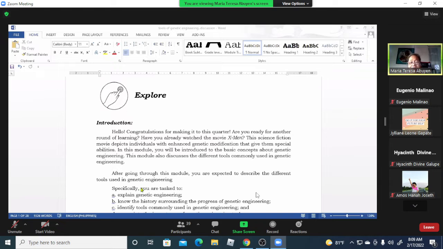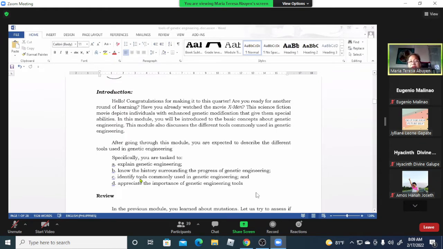Now, after going through this module, you are expected to describe the different tools used in genetic engineering. For the entire lesson, we will be guided by these objectives. First is to explain genetic engineering, so that you can explain to yourself and to your friend what genetic engineering is.